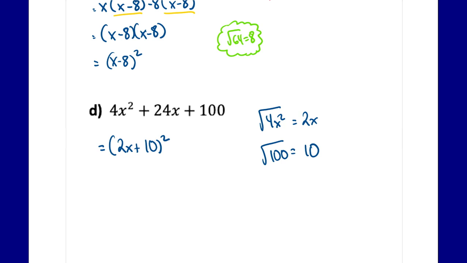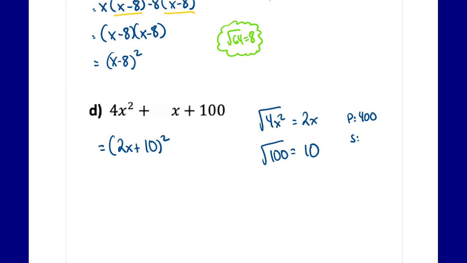If we didn't recognize this pattern, we could do the same thing we did in previous lessons: find two numbers that multiply to 400 but add to 24. That might be a little bit more challenging. And looking back, this is definitely going to be difficult because I actually have the wrong middle term here.